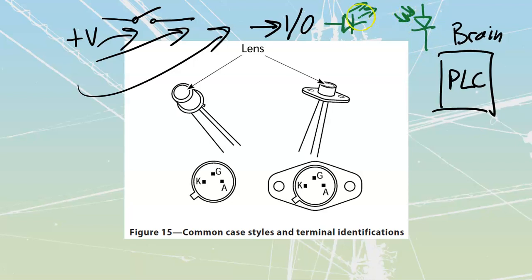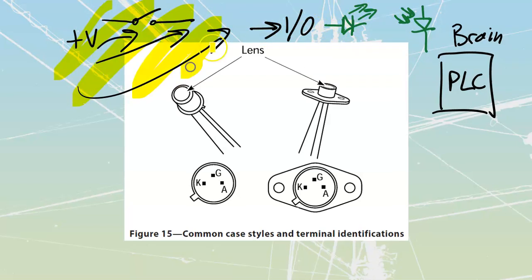So if you have crazy terrible electrical on the outside of your system, you're going to blow up the I/O card, but the I/O card itself has no physical connection to the brain. Everything is done through light. We call this optical isolation. It's an air gap of sorts between one side and the other. So crazy stuff can happen on the outside, faults or poor wiring, but it's not going to affect the brain of the PLC.